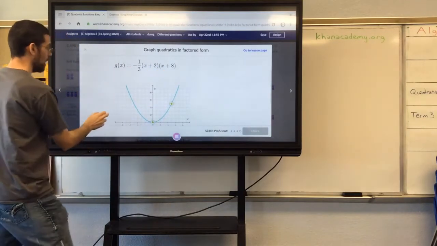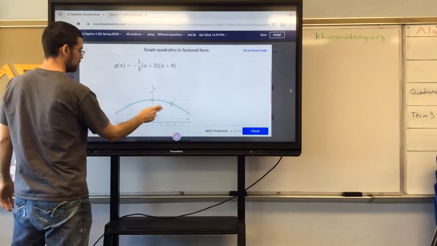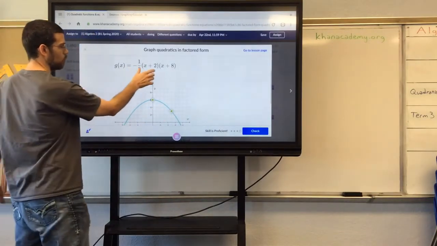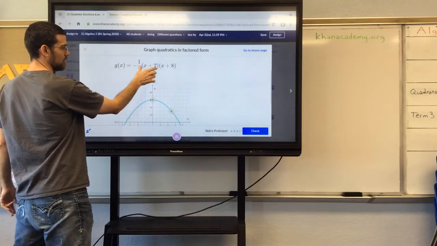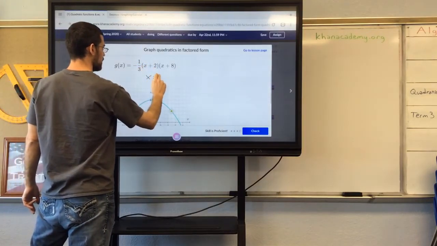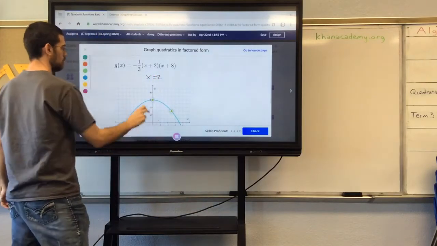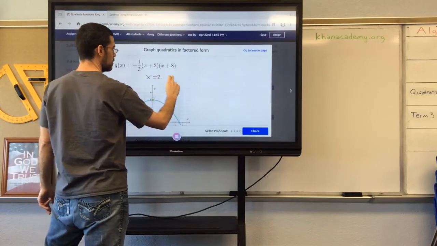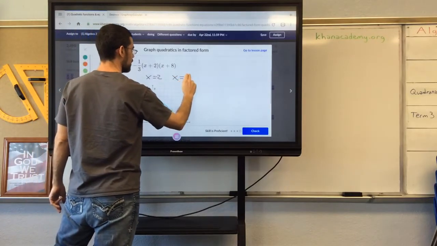Okay, so we have a parabola that's going to open down. It's going to have zeros where the x makes this term 0, so that would be at x equals negative 2. Or where x makes this term 0, x equals negative 8.